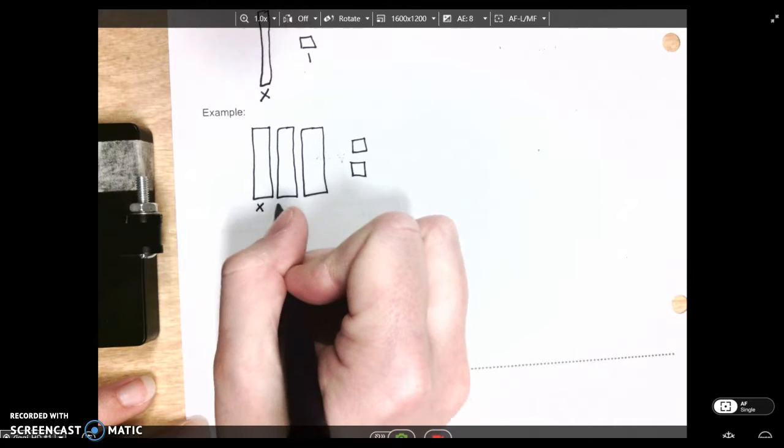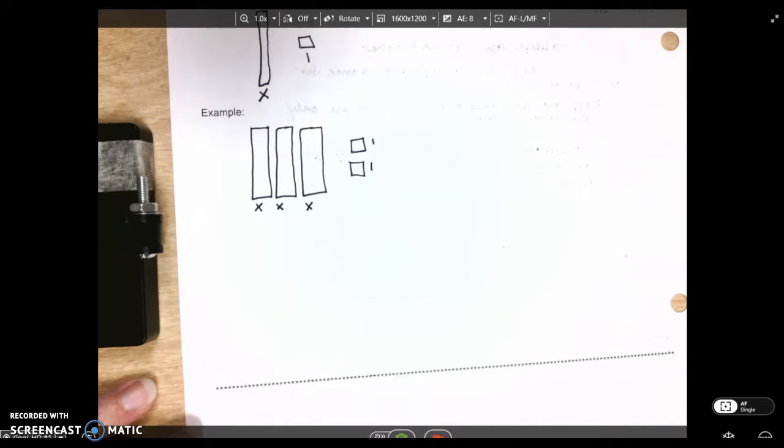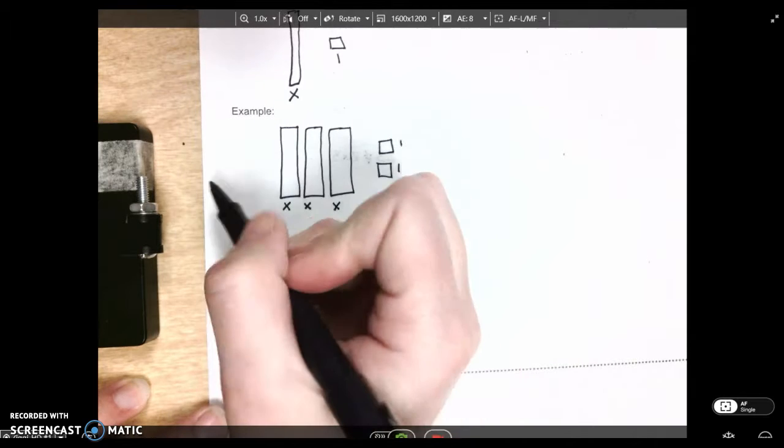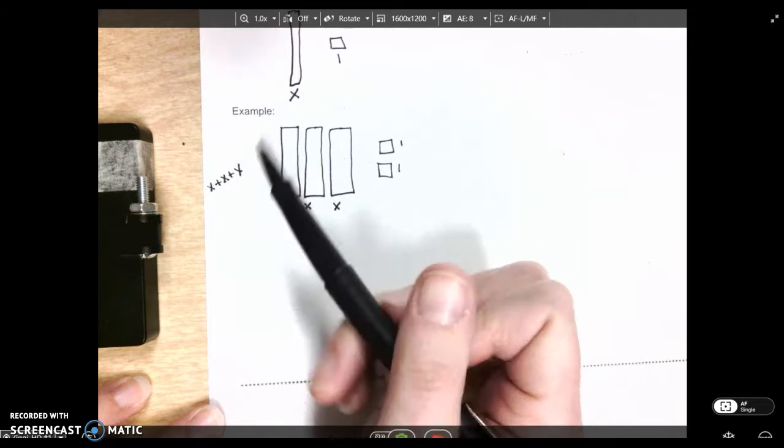Well, I notice I have x, x, and x, and 1 and 1. Now, some students can look at this and instantly see what the expression is. Oh, sorry, the expression, not the equation, the expression. But some students, we kind of need some help and support. So I'm going to use the information I had on the back to help me. So I notice I have 3 x's. So that's with addition.